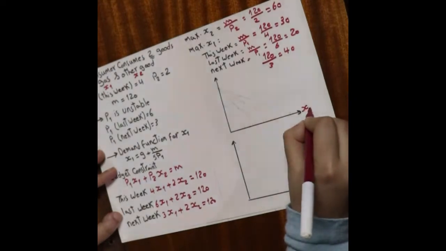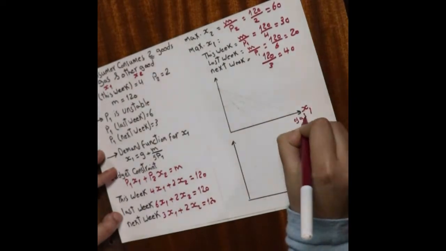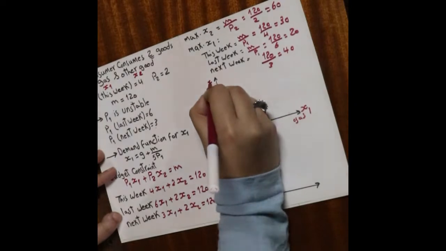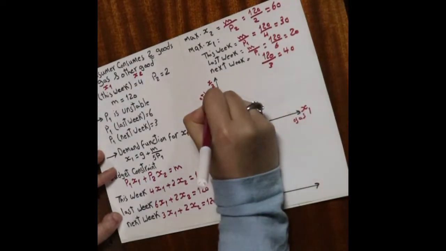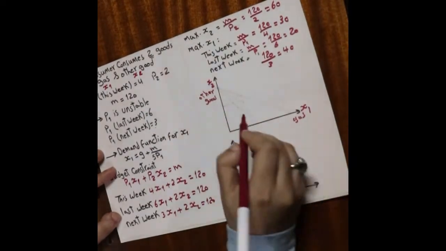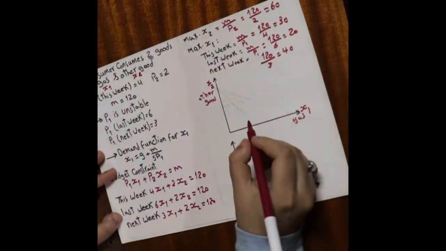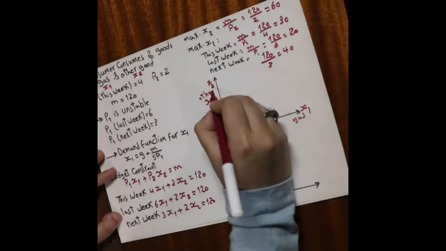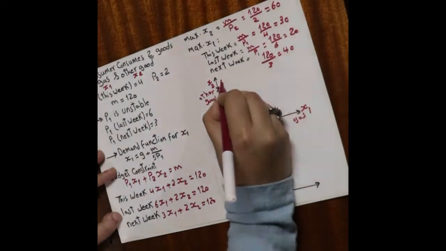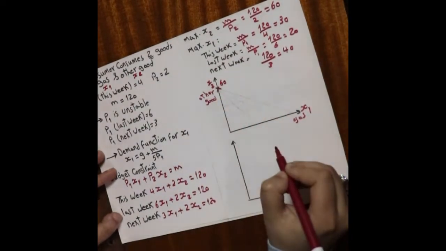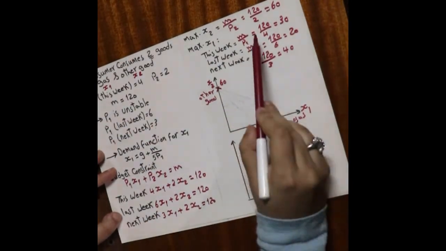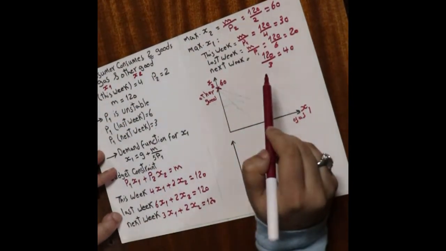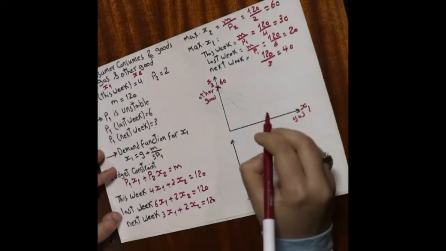So I will put x1, which is gas, on the horizontal axis and x2, the other good, on the vertical axis, and draw the budget line. The intercept of x2 equals 60, so I will set the point here on the vertical axis. And we have three values of x1.